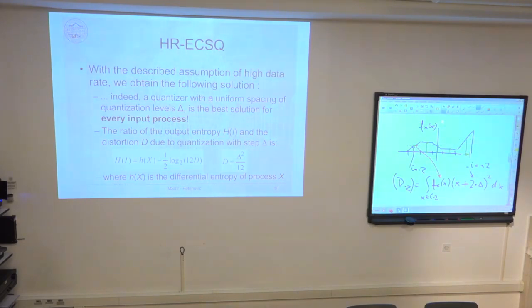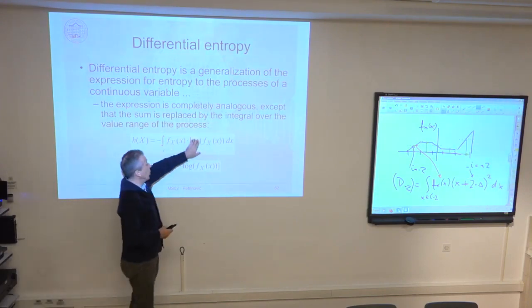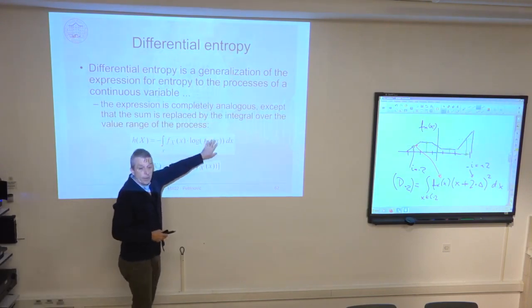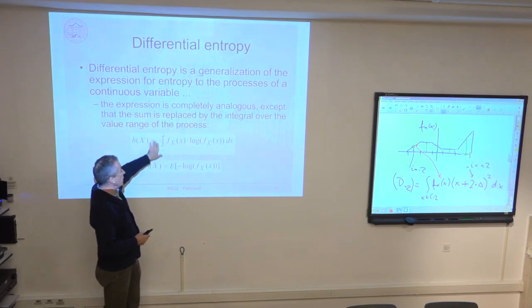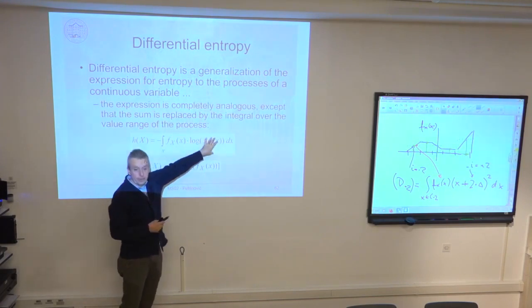So for such f_X of x, I can compute this differential entropy. And the definition of this differential entropy is completely analogous to the conventional entropy, but instead of the sum, I have the integral. So before, it was the sum of probability times logarithm of probability. Now instead of the sum, I have the negative integral, and instead of probability, it is density times logarithm of probability density.